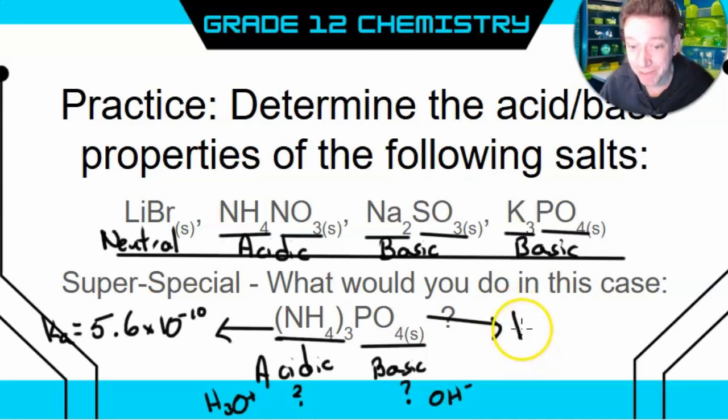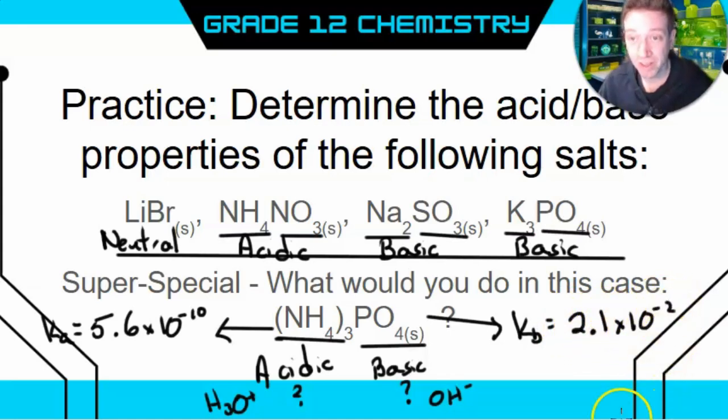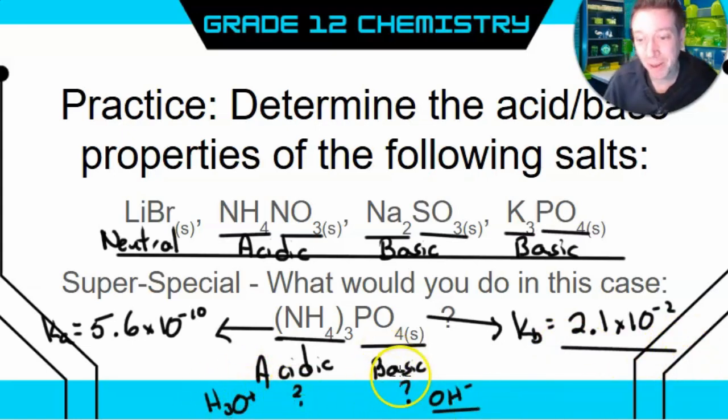Whereas the Kb value for our phosphate ions is about 2.1 times 10 to the minus 2. That's much, much higher because it's the conjugate base of a very, very weak acid, meaning it's a strong base. So because this value is higher, we're going to be producing far more hydroxide ions than hydronium ions, making this one basic.